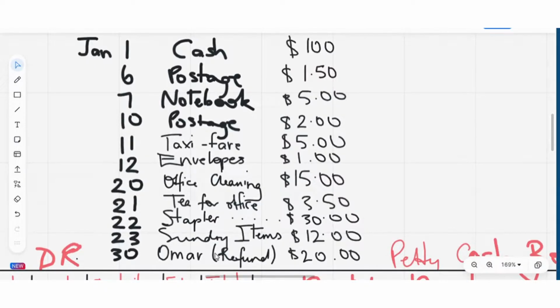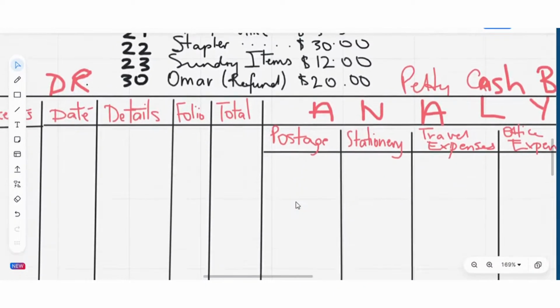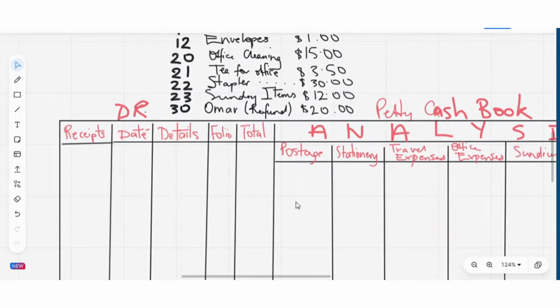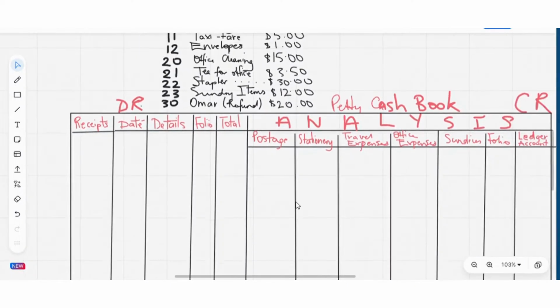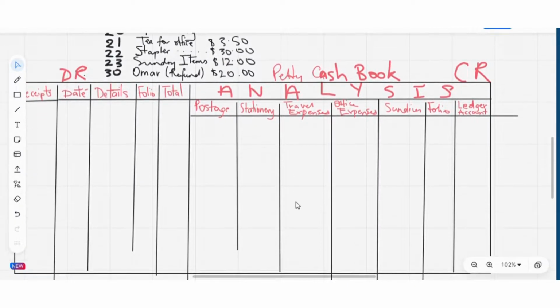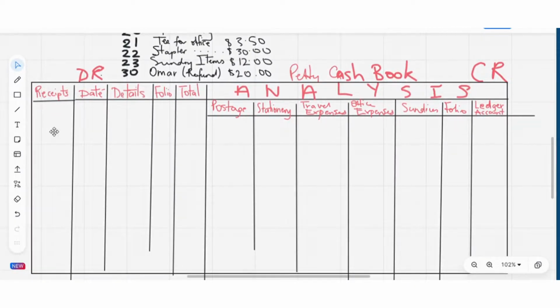So this is a petty cash book template. It's always set up like this. You have your debit side, which is from here, receipt to total, and you have the credit side, which is the entire analysis column. The analysis column now is where you pay out money.